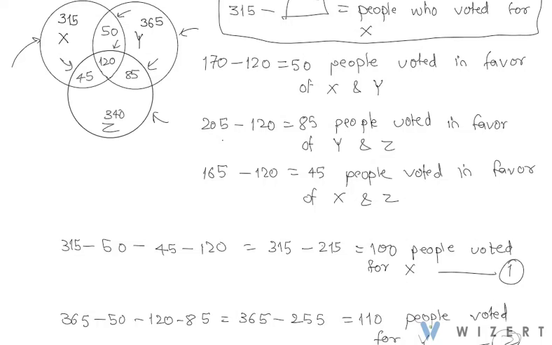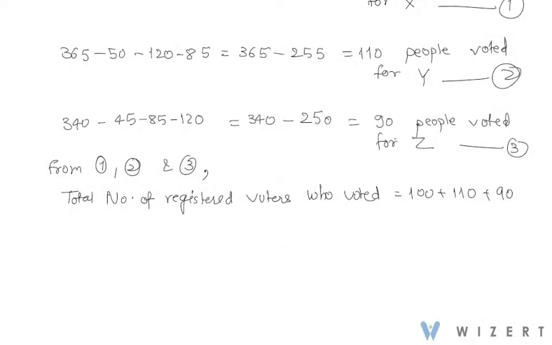These many voters actually voted. So that will be 100 plus 110 plus 90 plus 50 plus 45 plus 85 plus 120.